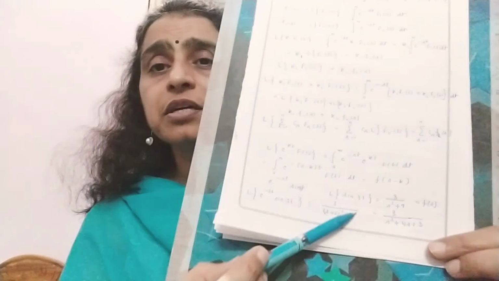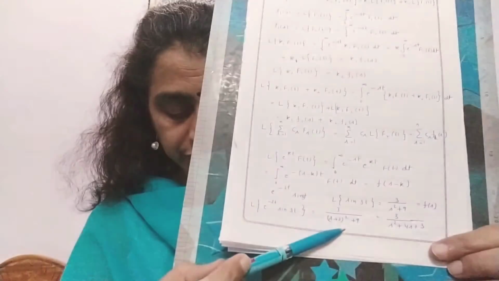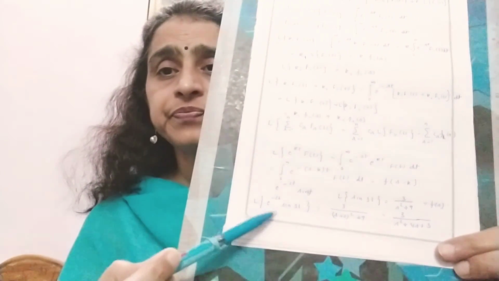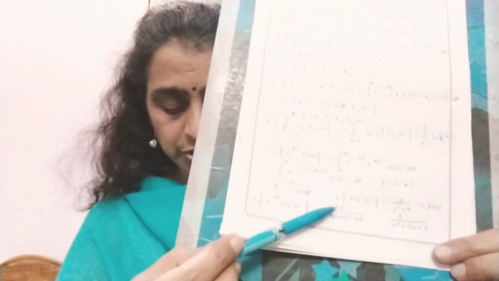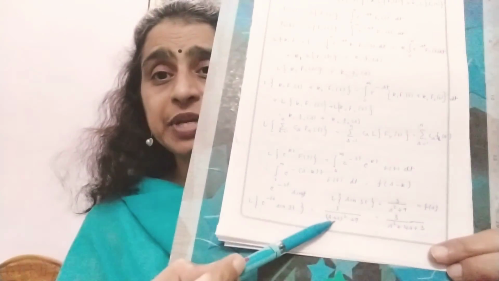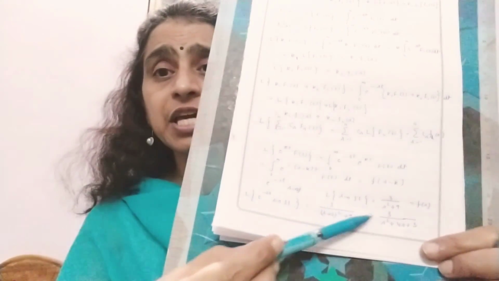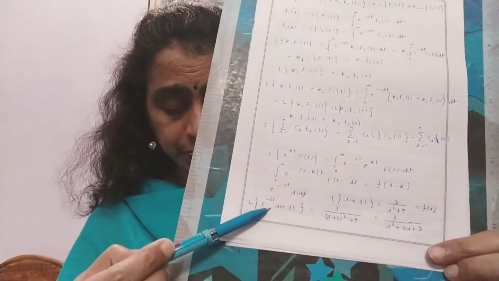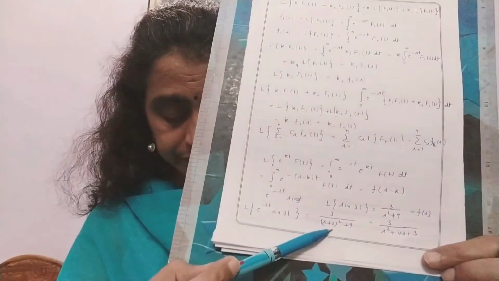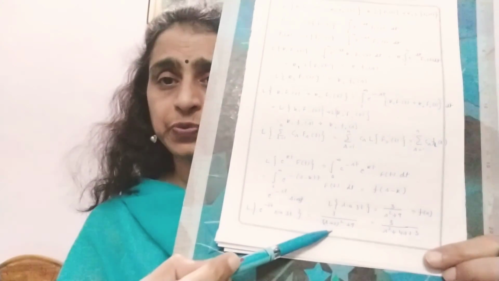So from the statement of first shifting property, we can write that this quantity will be equal to 3 divided by (s plus 2) whole square plus 9, because now k is equal to minus 2. So s minus k will become s minus minus 2, so s plus 2.